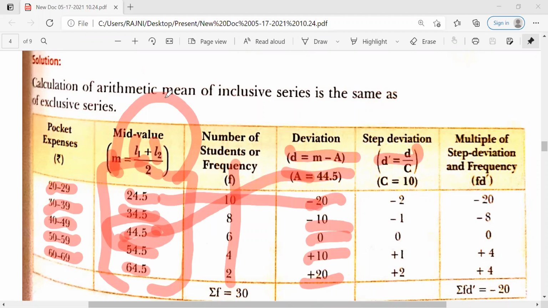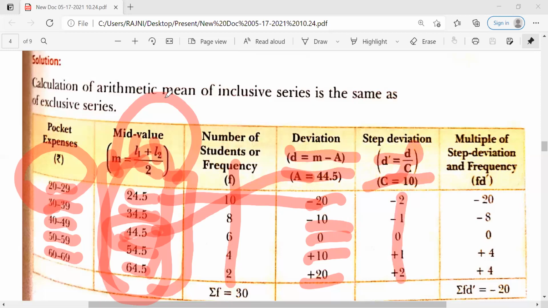After that, d dash, using the common factor. How much is the common factor? The gap between the class intervals is 10: 24.5 and 34.5, the difference is 10. So it will be divided by 10.